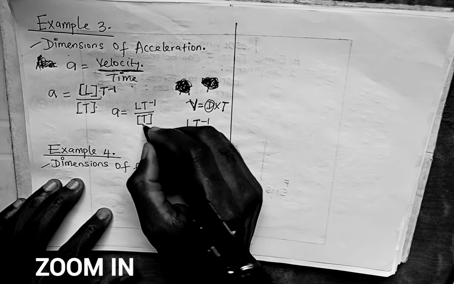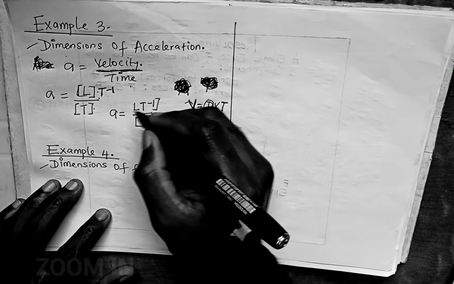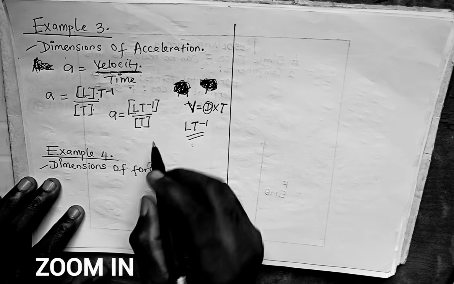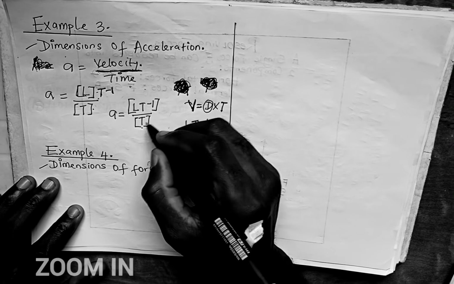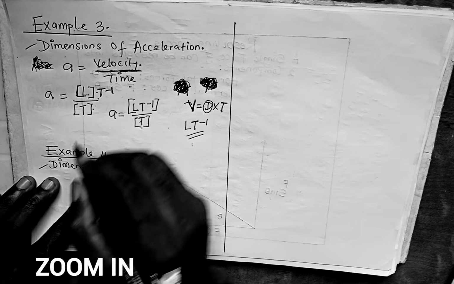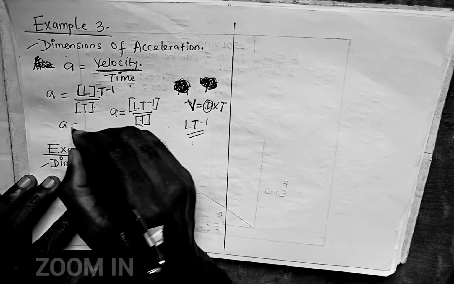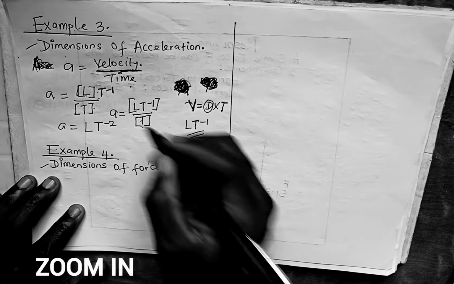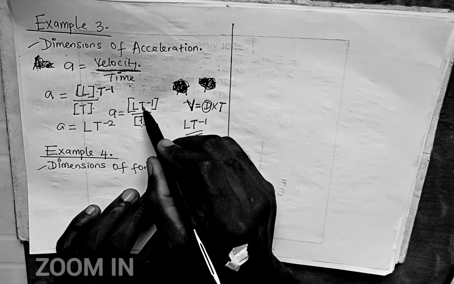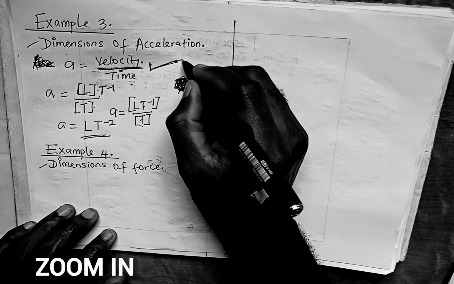Now we compute it. This one is one dimension, and this times this gives t squared. So we have A is equal to L t raised to power minus 2. This is the dimension of acceleration.